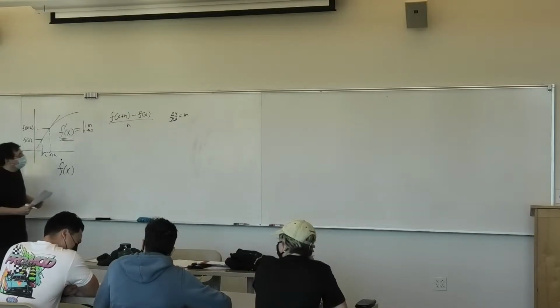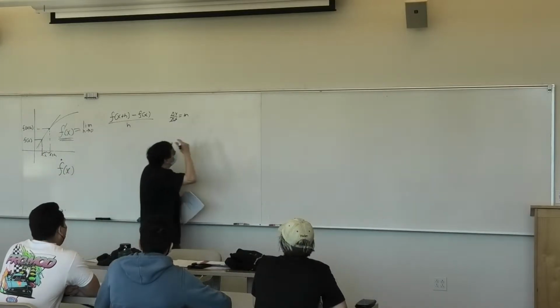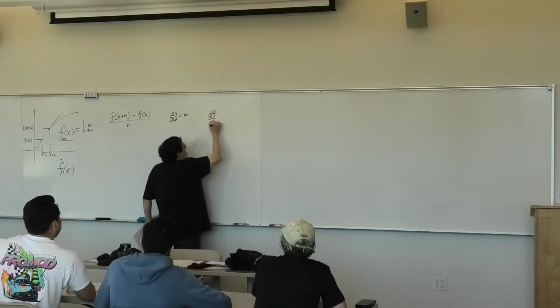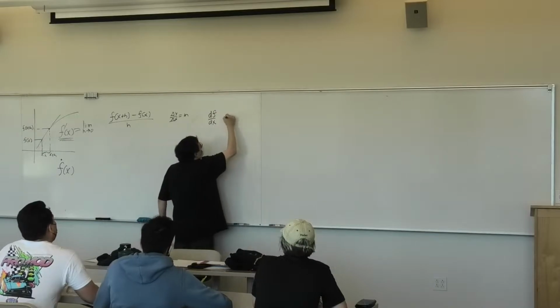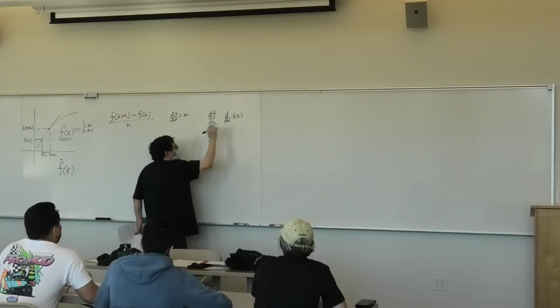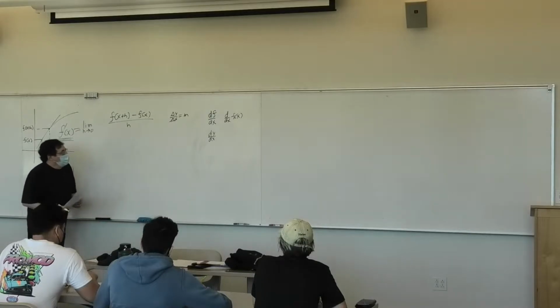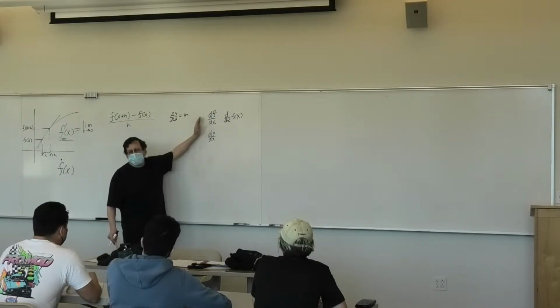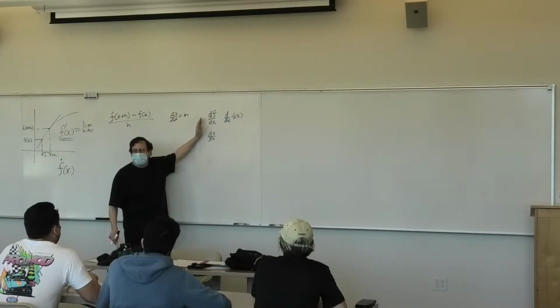The equivalent Leibniz notation, you'll see something like df/dx, or d/dx of f of x, or sometimes we'll say dy/dx, talking about y equals the function. And this kind of looks like a ratio. Kind of looks like a fraction, but it's notation.